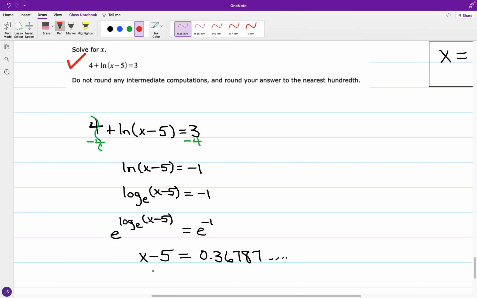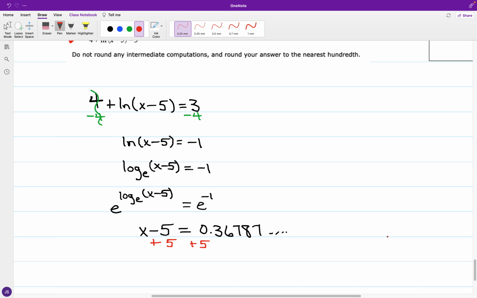And if I isolate x upon adding 5, you have 5.36787.